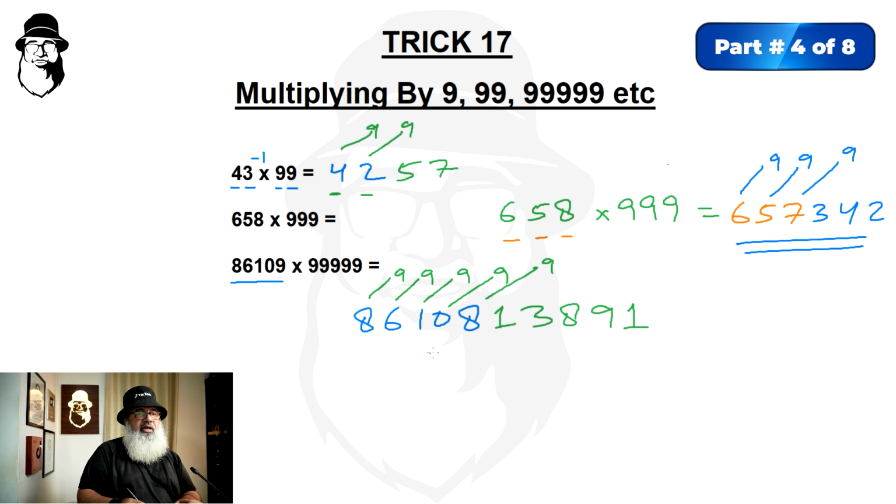So that's our answer. This is a big number. Let me put the commas here also. This is 8,610,813,000 and then 891. That's our final answer.